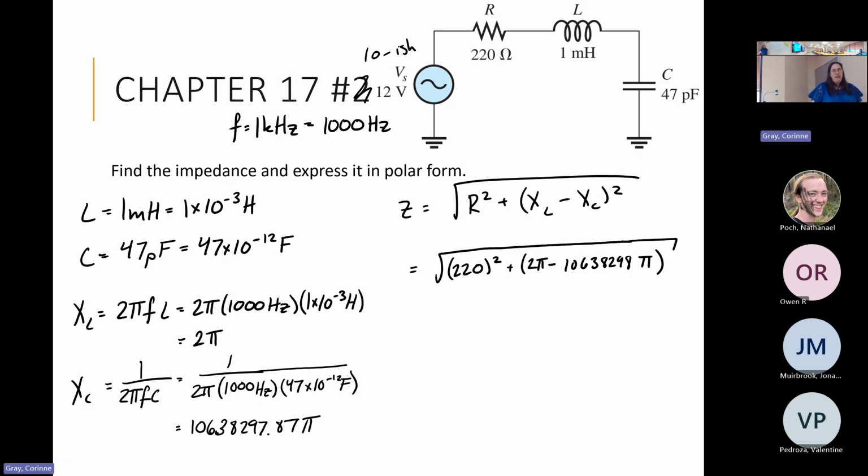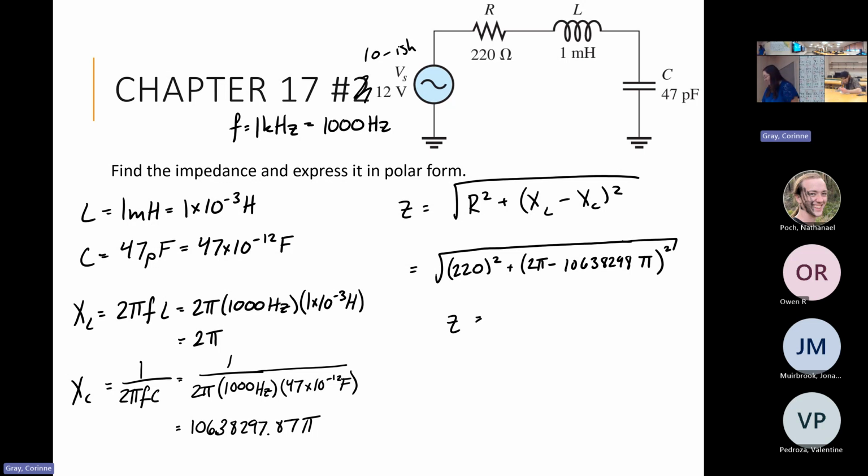Taking a wild guess, this is gonna basically show up as almost exactly this number. Again, we'll minus 2 off this. Oh, I need to square. Then we square it and add 220 squared, which is small compared to that squared.